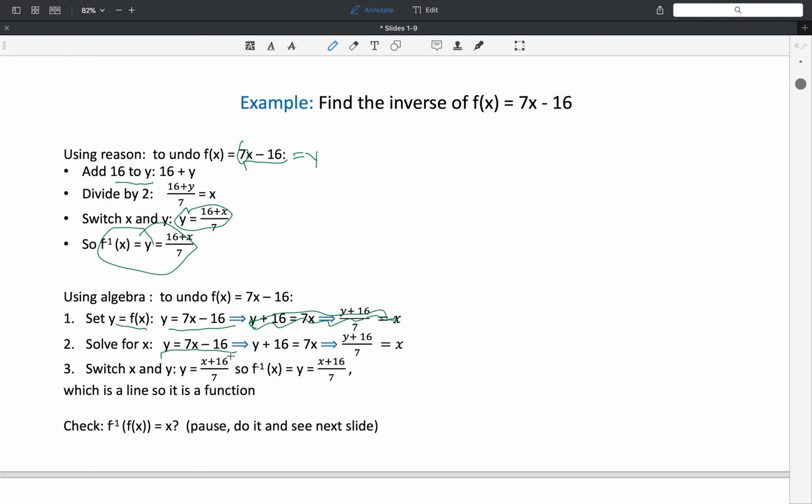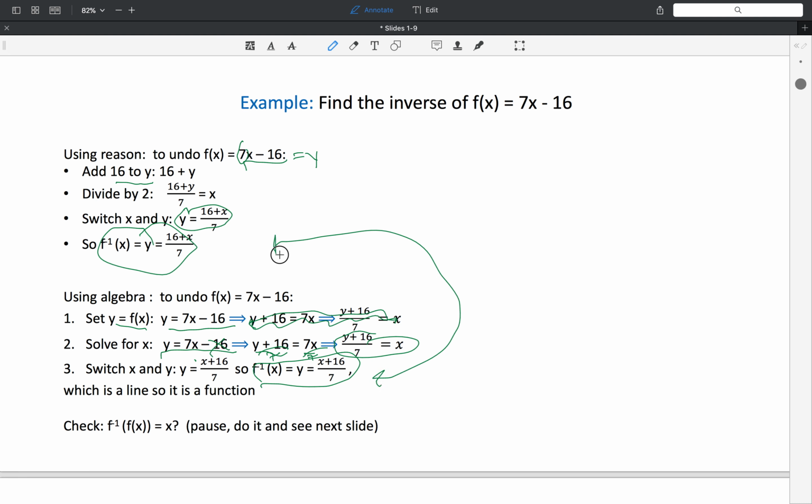So I'm going to add 16 to each side to get rid of that 16 over here, so y plus 16 is 7x. And then I'm going to divide each side by 7. I do that here. And then I switch x and y, and so that's my f inverse. I get the same answer.